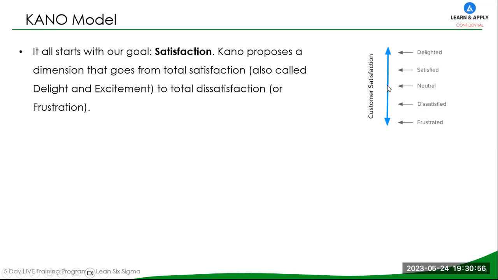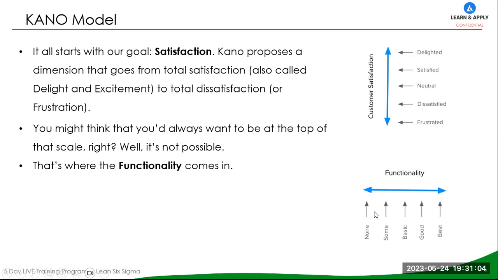At the center intersection of the x and y-axis, it will be neutral. He is neither dissatisfied nor satisfied. Whereas the x-axis talks about the functionality. That means how it is going to work, not working at all, and best performing, right? Now these two are merged together to create this Kano model.